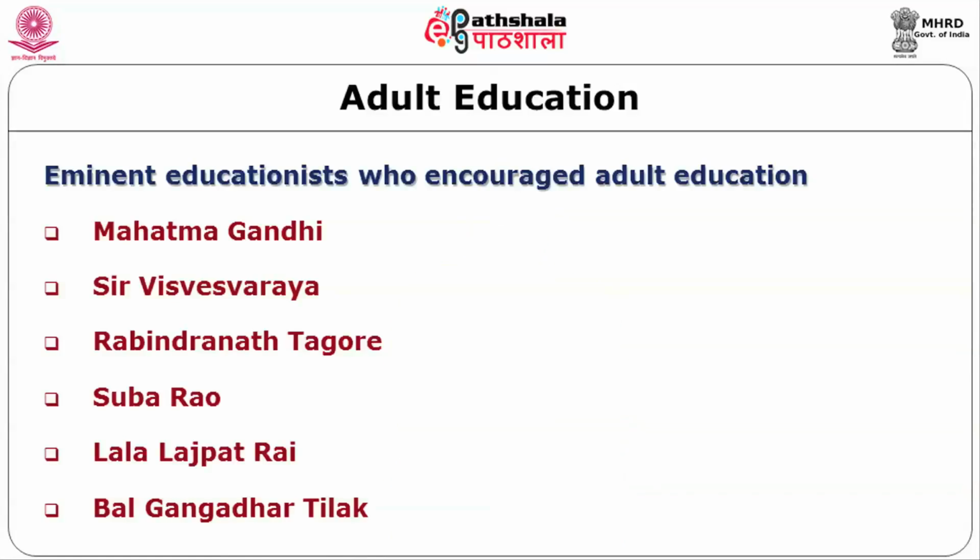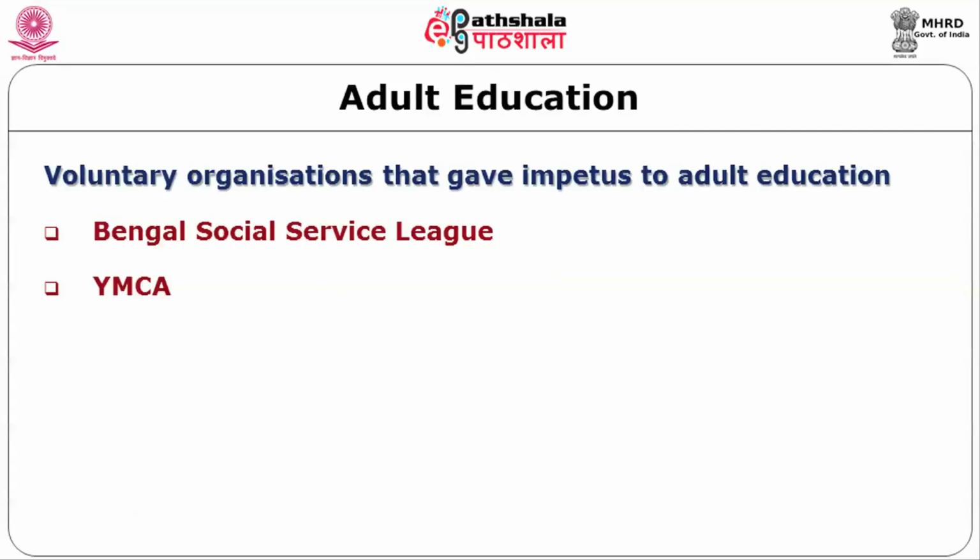A lot of people, educationists, reformists, worked to improve this situation. Prominent educationists and reformists like Mahatma Gandhi, Sir Vishveshwaraya, Ravindranath Tagore, Lala Lajpat Rai, Bal Gangadhar Tilak, and several voluntary organizations like the Bengal Social Service League and the YMCA, their work gave impetus to adult literacy in India.